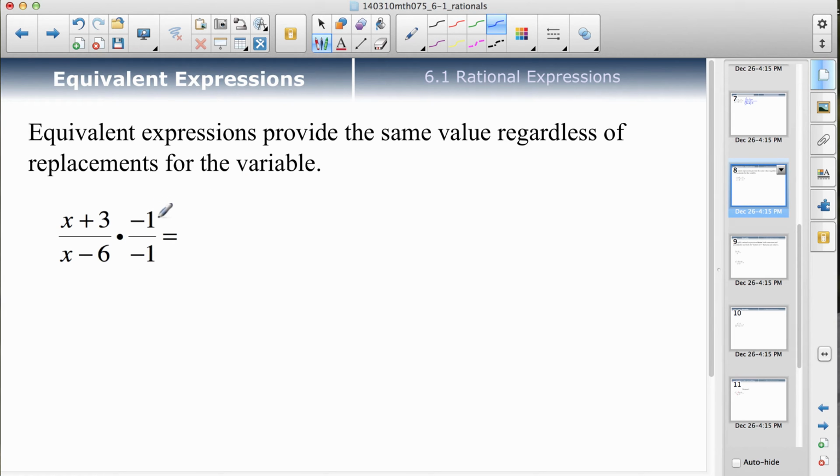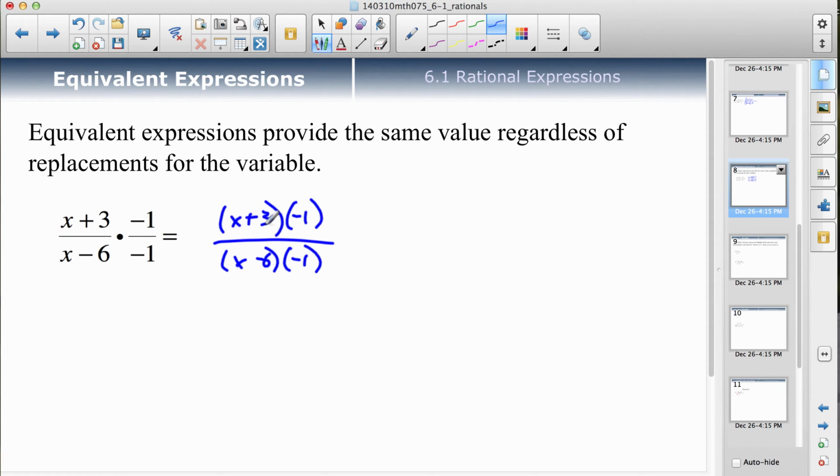Here, this is a good example. To simplify an expression, maybe using something like this is what I'll have to do. So I've got this over this times this over this. So I could rewrite it as x plus 3 times a negative 1 all over x minus 6 times a negative 1. Do you notice just the slight difference there? In this case here, I have two fractions multiplying.